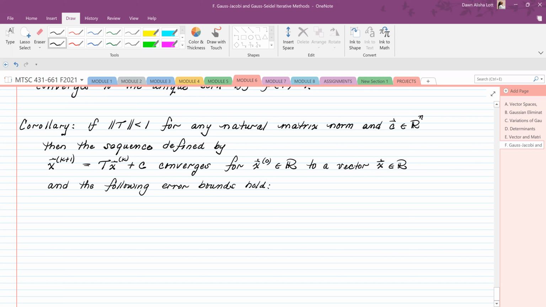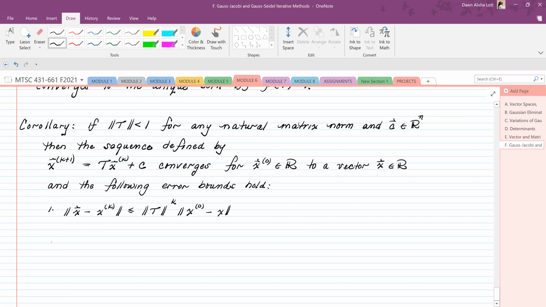Okay, so the first one is the norm of the solution minus any iterate x_k is less than or equal to the norm of T raised to the k power times the norm of the difference between x0 and the final iterate x.